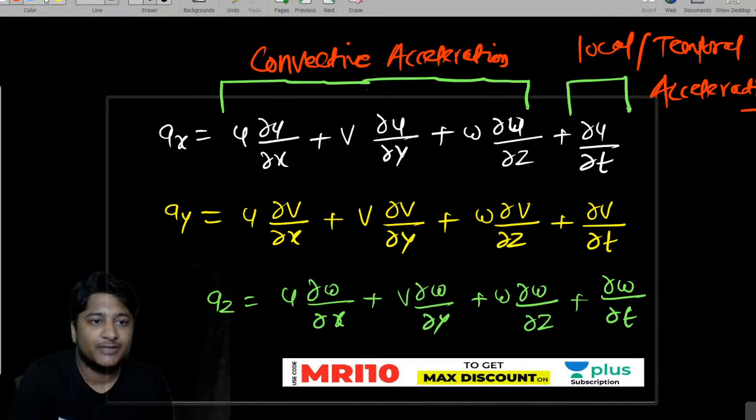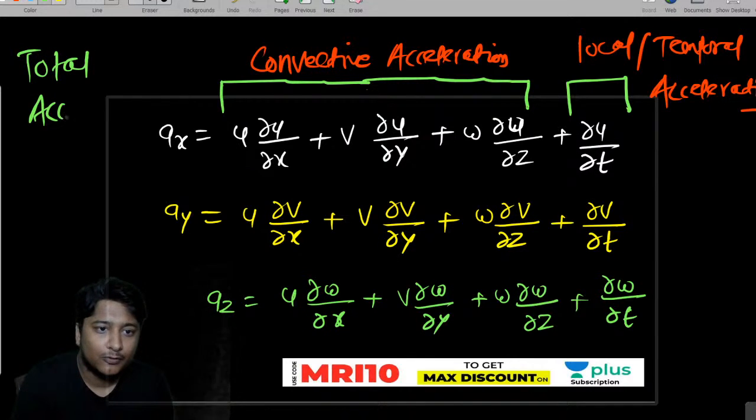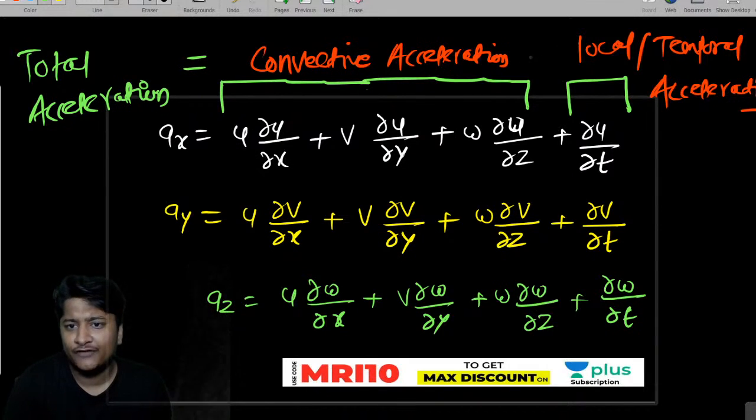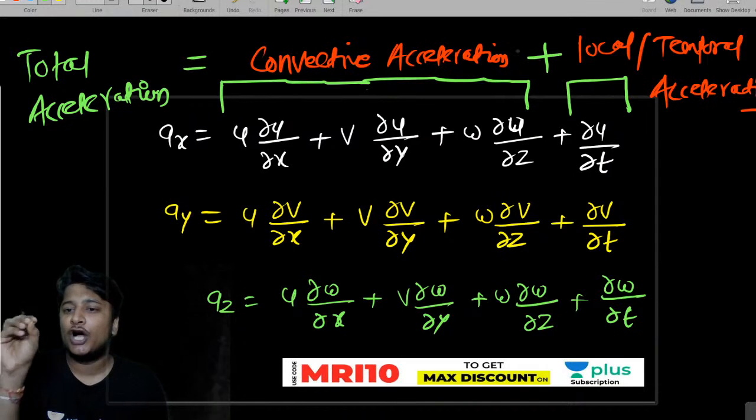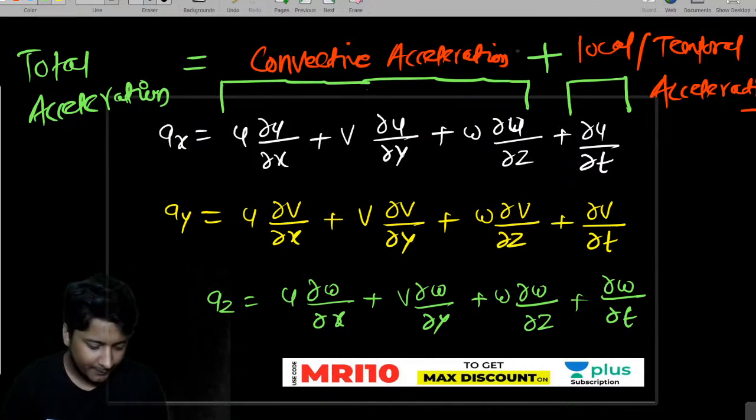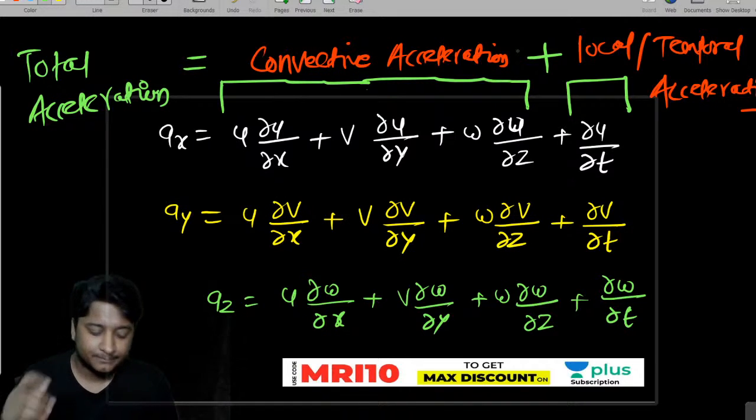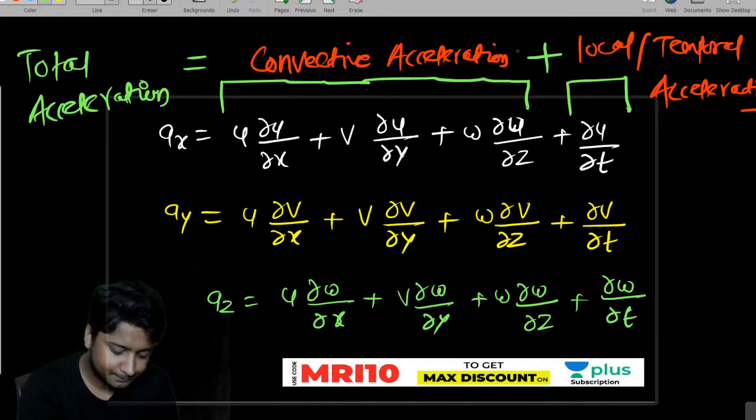So I'm writing here, total acceleration will be equal to convective acceleration plus local or temporal acceleration. I hope it is clear to all of you. आप सबने नोट कर लिया? I hope आप सबने नोट कर लिया है.